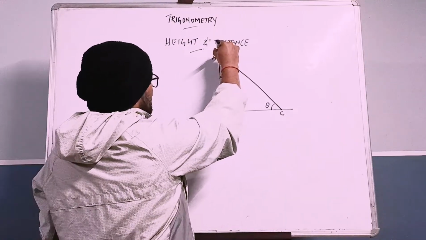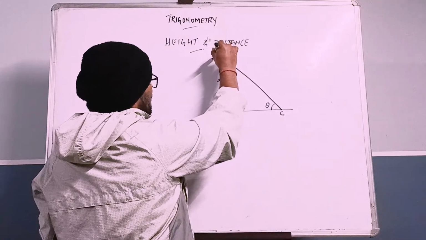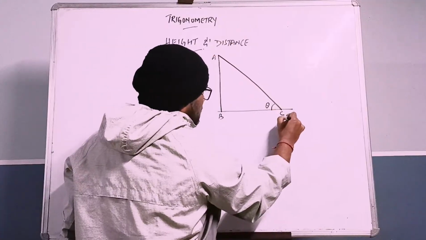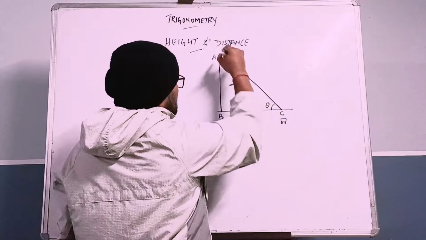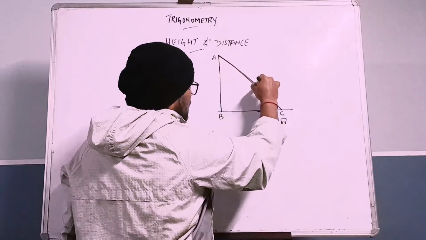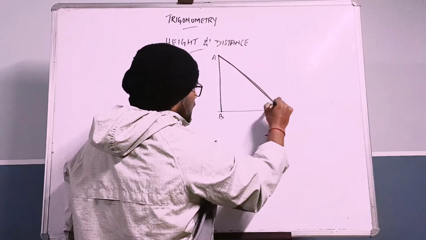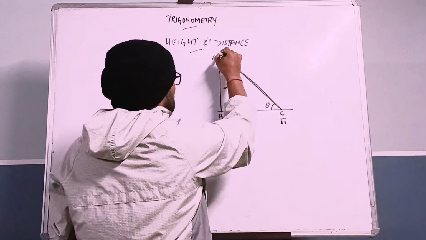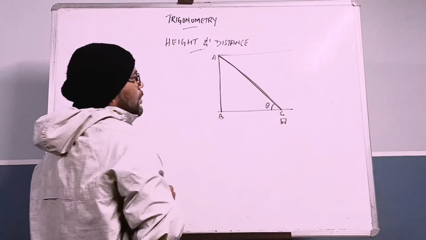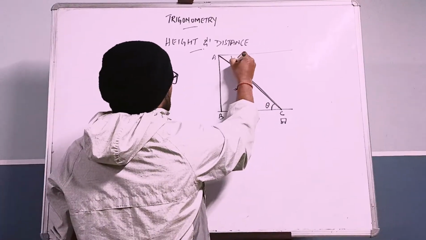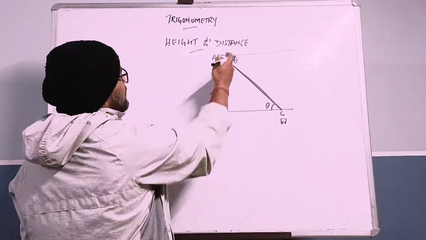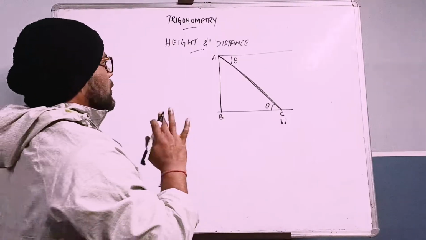Assume that a man is on the roof of the building at the point A and a car is moving here. At the point C, the man watches the car at an angle theta. Next you can see one more angle has been formed. You can say either 30, 45, 60 or whatever may be the angle.